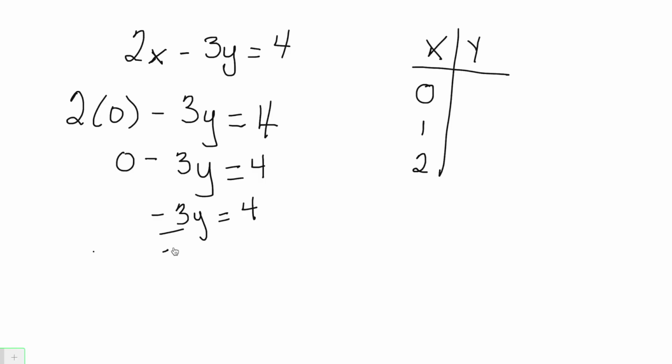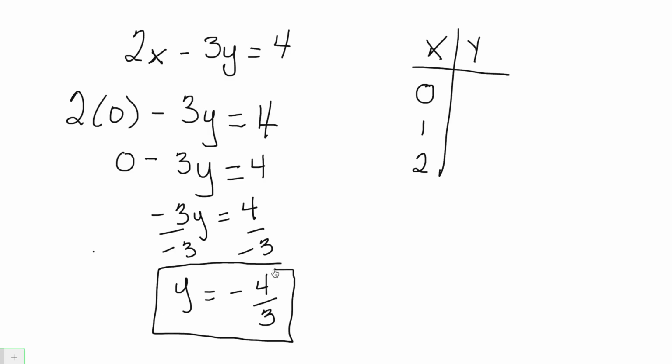And divided by negative 3. See, I have a fraction. That's okay. We don't run from fractions and decimals, right? All right. So we have negative 4 over 3. All right, let's go ahead and try it with 1. Go ahead and pause the video and try 1 and 2. And what do you get for y?